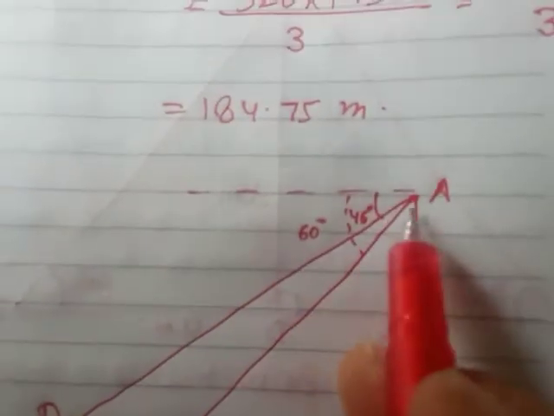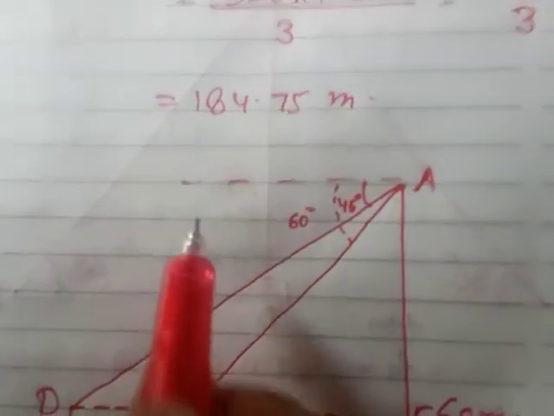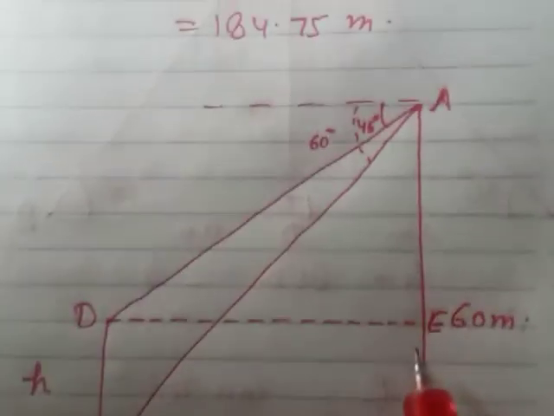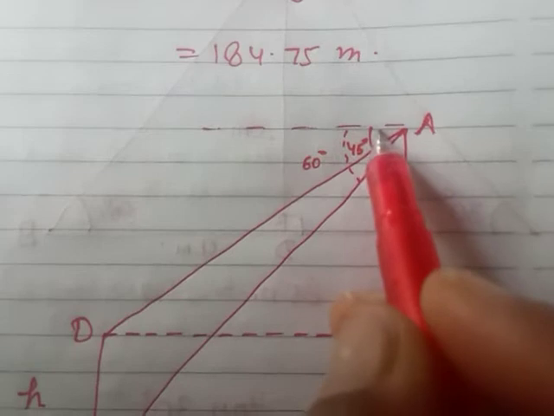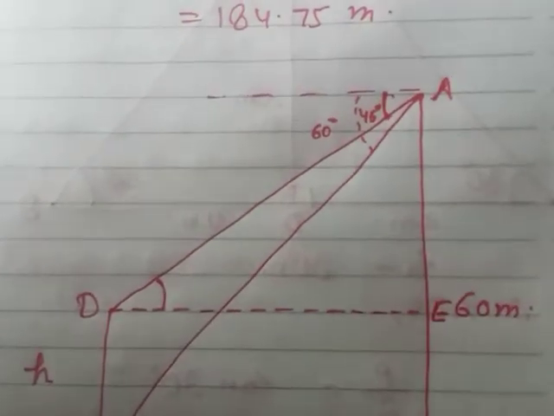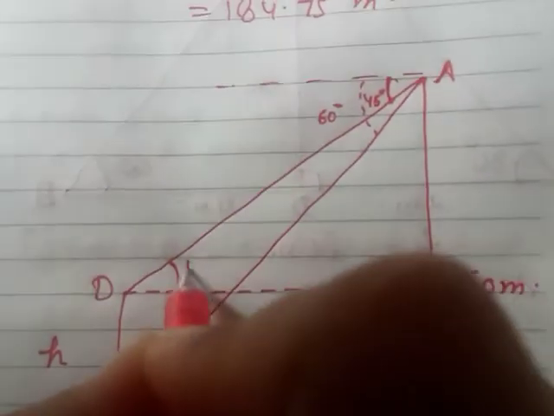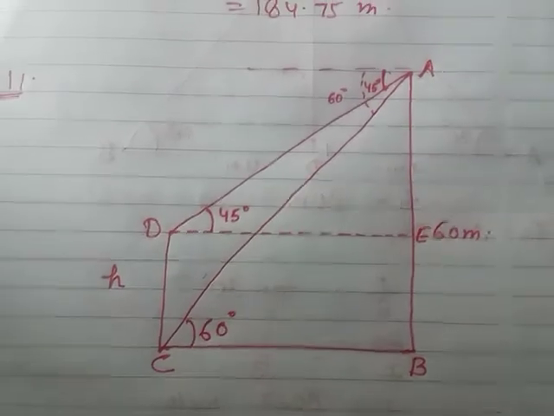Now see, DE and that A, when we draw it, they make parallel lines. So this angle will be equal to this angle by alternate angle, so it is 45 degrees. Similarly, for that one, it will also be 60 degrees by parallel lines and alternate angles.